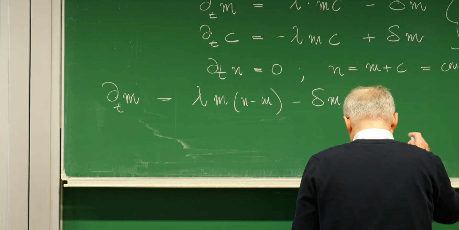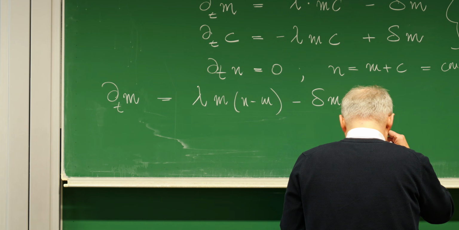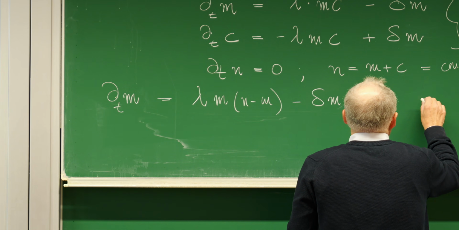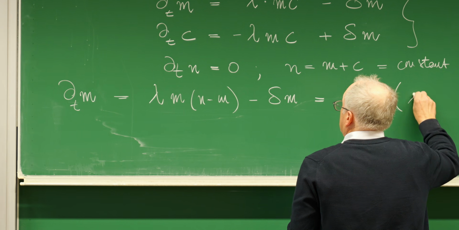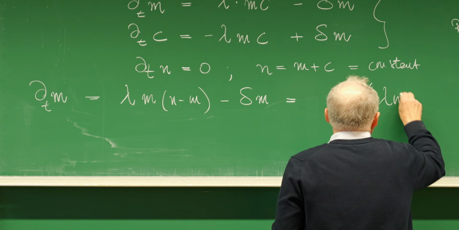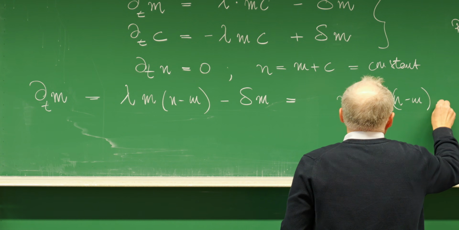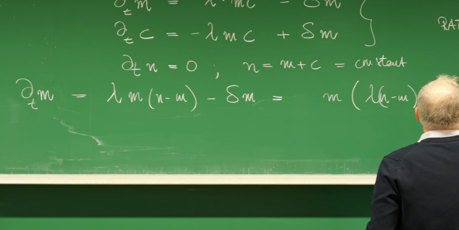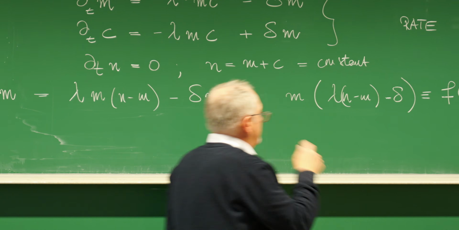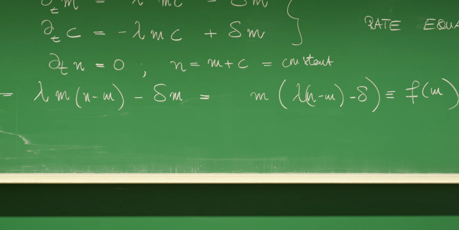So I can write this also in a form where I take the m out, and then I have here lambda n minus m minus delta, and that I call my nonlinear function f of m.